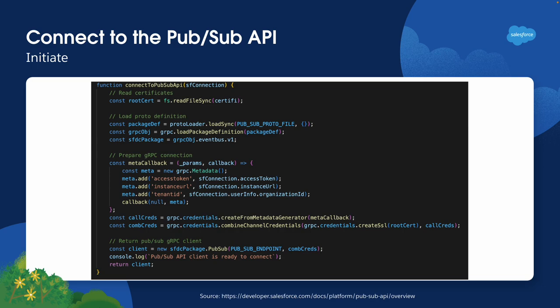Next, you want to initiate the connection with the PubSub API. I'm not going to go through every line here, but I will call out a couple of things. A couple of lines down, you'll see protoLoader.loadSync, and that's loading the proto definition file for the PubSub API. That's provided to us by developer.salesforce.com.